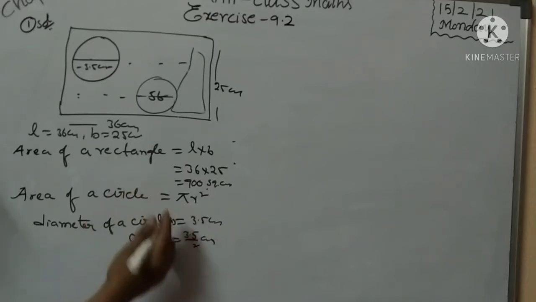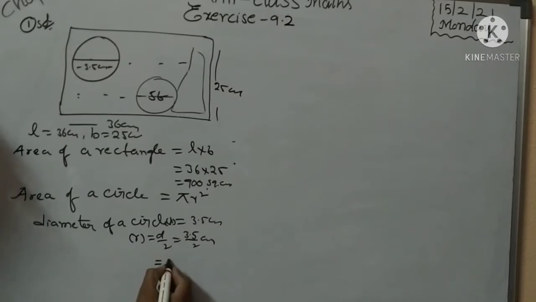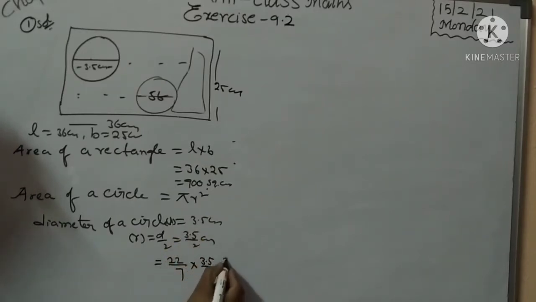Okay. Now we will substitute in the formula. What is the pi value? We know that in the previous class we learned the pi value is 22 by 7 or 3.14. So pi 22 by 7 into r square, which is 3.5 by 2 into 3.5 by 2. Did you understand that?